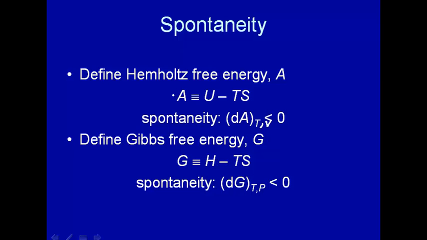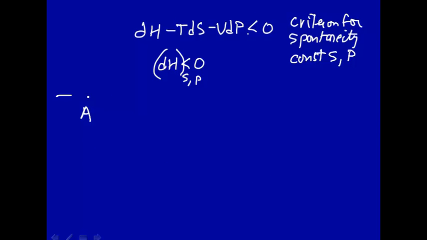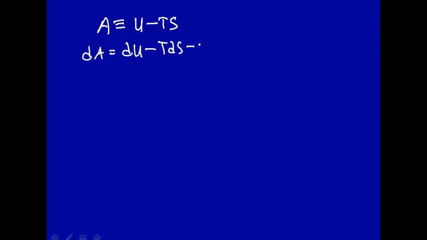All right, so let's see what this definition gets us in terms of a criterion for spontaneity. We're defining A as the internal energy, U, minus TS. We're subtracting off this unuseful energy, entropy. dA is equal to dU minus TdS minus SdT.